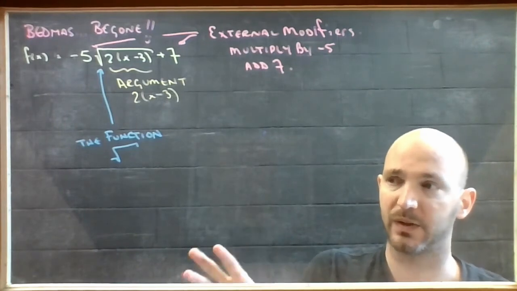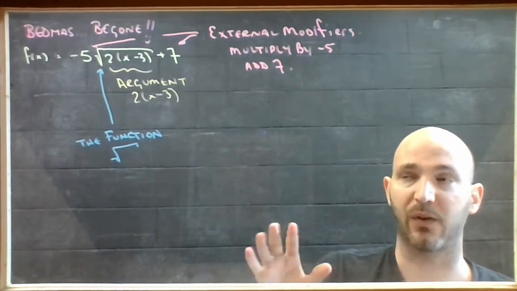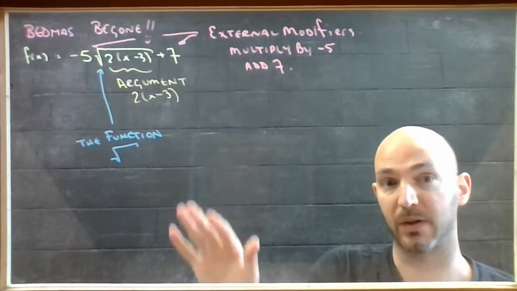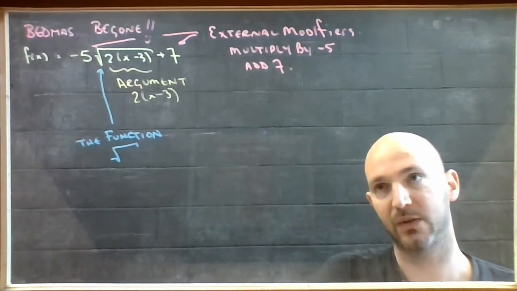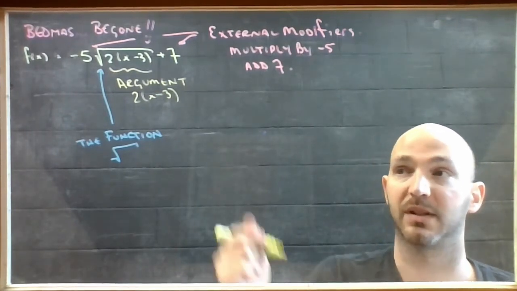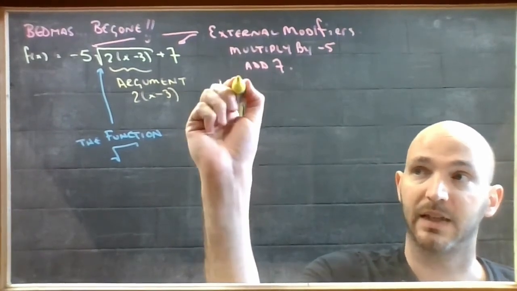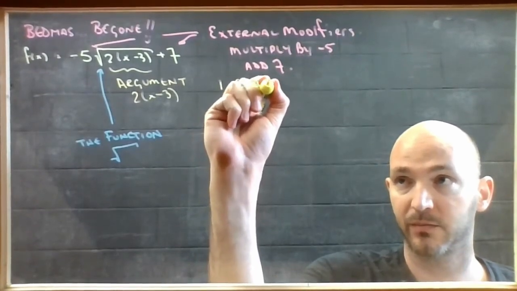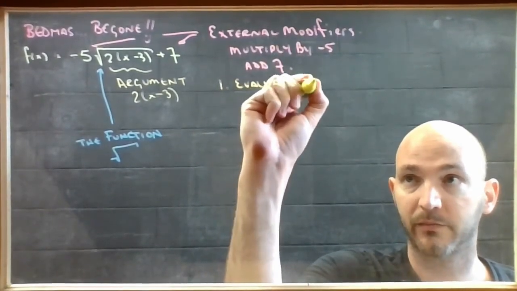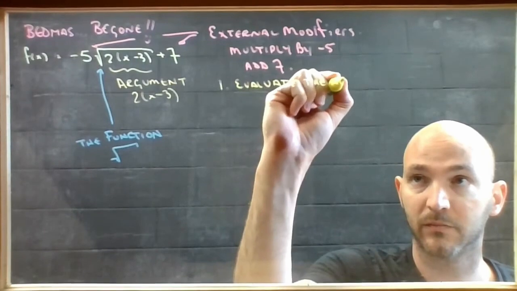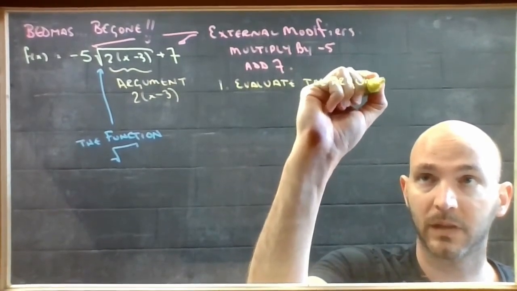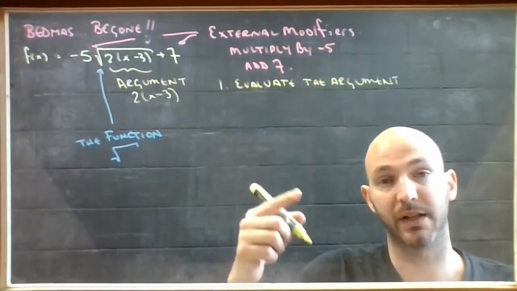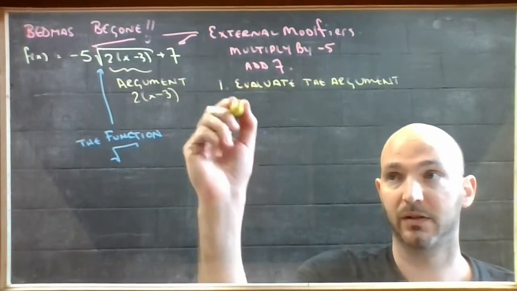So what we're going to do then is reframe BEDMAS in terms of these 3 bits. The first thing you need to do whenever you're trying to reduce an expression, number 1, is you evaluate the argument. So you figure out what number is going to go into the function.